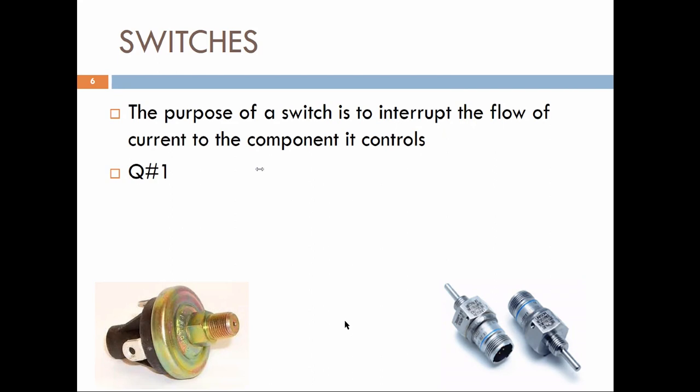Fuel pressure. Again, there are a lot of things we want to measure, but would we need a fuel pressure switch? I'm going to go into your Janitrol knowledge. Not there yet.